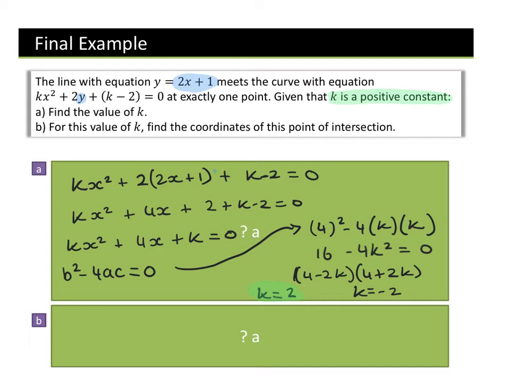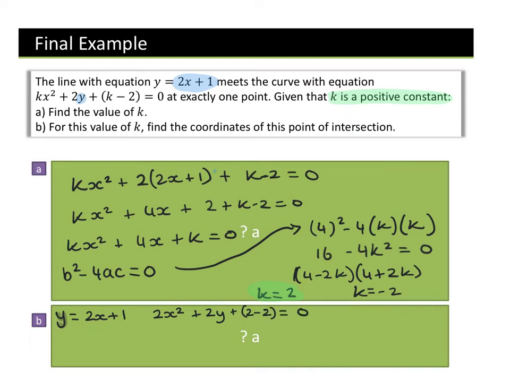This is the k that we would then use in the second part. So we have y equals 2x plus 1. And we have k, which is 2. So for the second, we're going to have 2x squared plus 2y, and then 2 minus 2 is 0, equals 0.